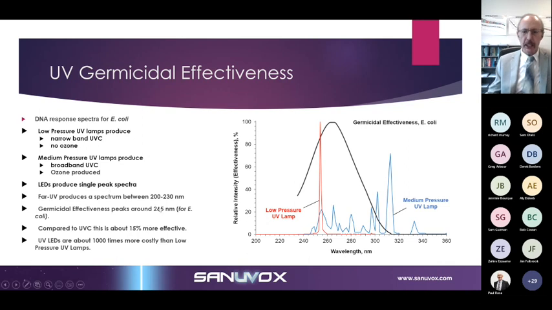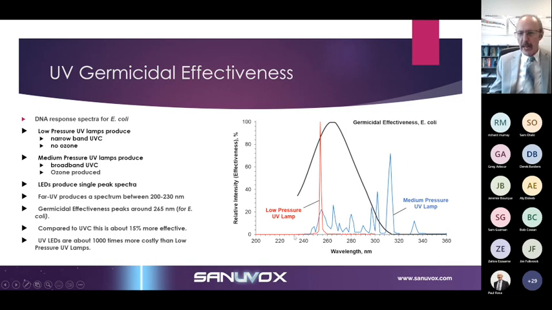LEDs have a single peak spectrum, and that can occur anywhere. It can be right at the germicidal effectiveness peak, about 265, 270. And studies have shown that indeed 270, 265 nanometers produce germicidal effectiveness very comparable, if not greater, to that of low pressure lamps. The far UV spectrum is from about 200 to 230.